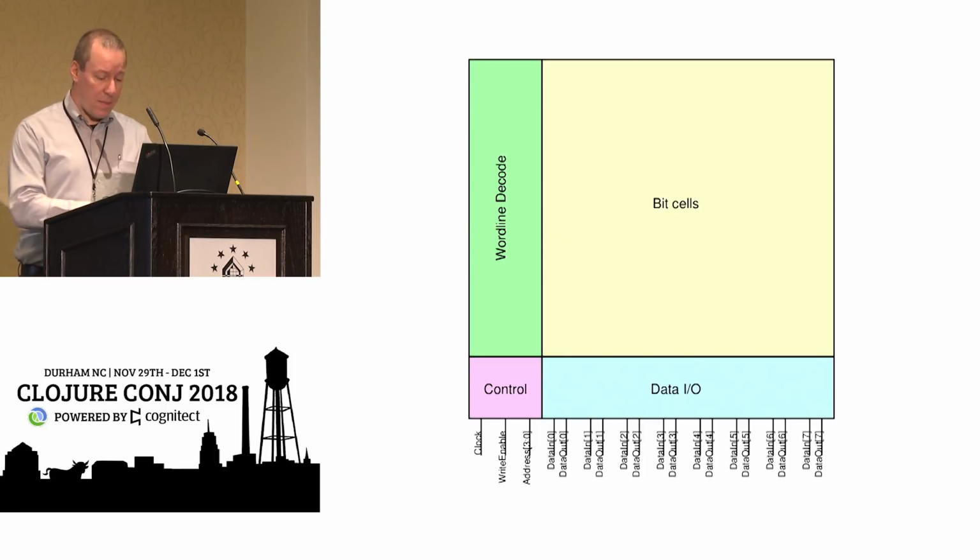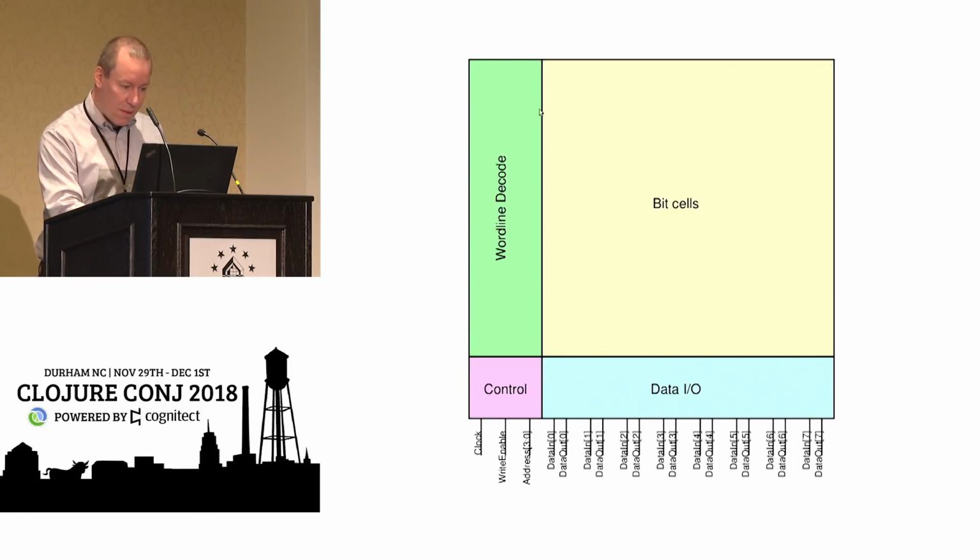Physically, it looks something like this. And let me turn on the pointer. There we go. And so there's 4 major blocks to this memory. First, there's the bit cells. We have 12 times 8, or 96 of those. That's where our 1s and 0s are stored.